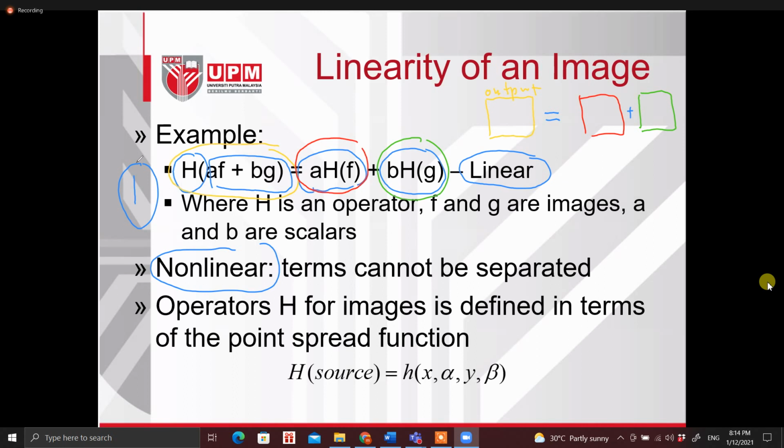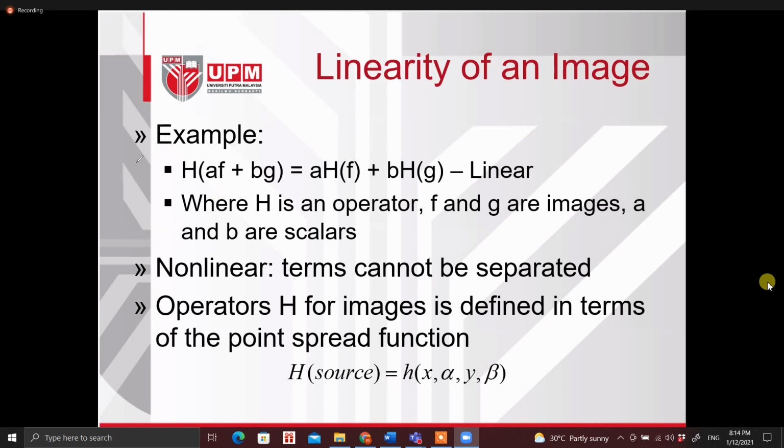Number two, we can also say that the factor I mentioned earlier, which is H, this particular factor, can either be a good factor, meaning that some factors will improve the quality of the image.